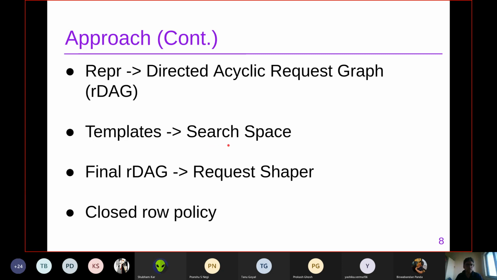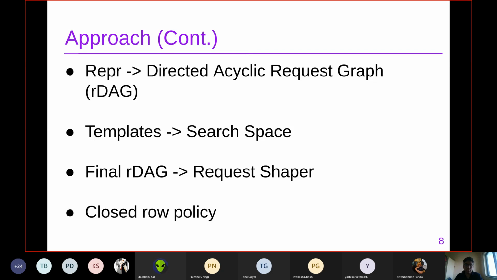Depending on that search space, we'll come up with a final RDAC for the victim based on how it performs in the profiling stage, where we check its average bandwidth allocation and its performance in terms of IPC. Then this final RDAC will be used in the request shaper. Additionally, we'll be using a closed row policy for the DRAM banks.